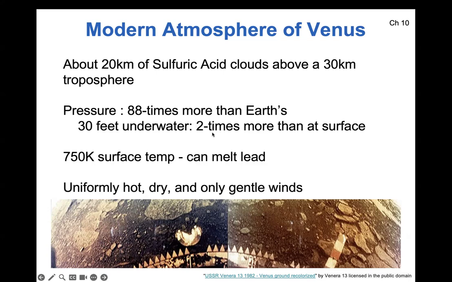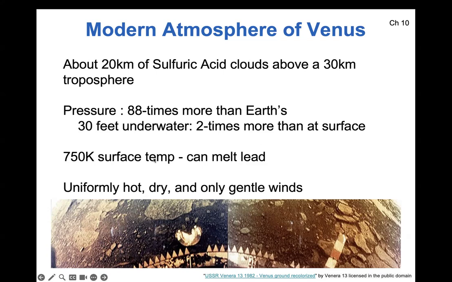So we'll have to stick a pin in it for now, and we'll come back to it. But at least the first part of the sentence before the colon is a good way to think about it. If you swam 30 feet underwater, where your ears would hurt quite significantly, that's pretty deep. And then you multiplied that pressure by 88, you would get the pressure on Venus.